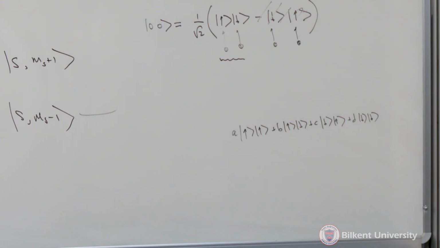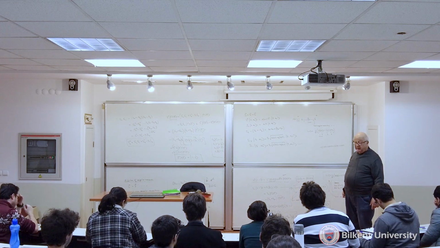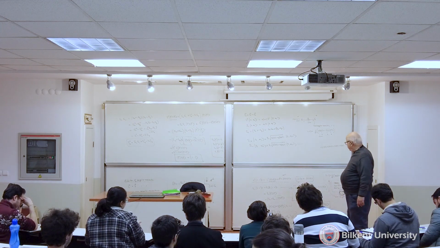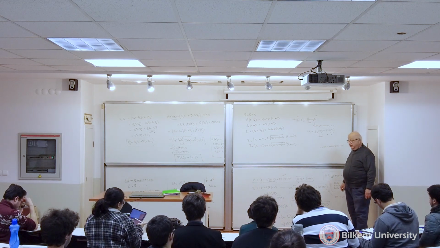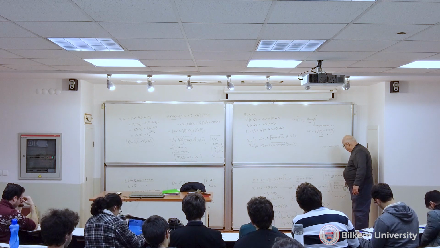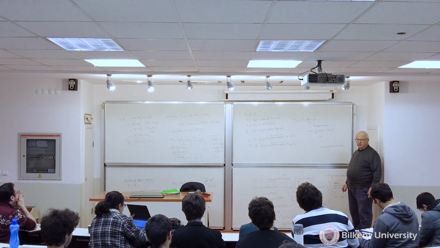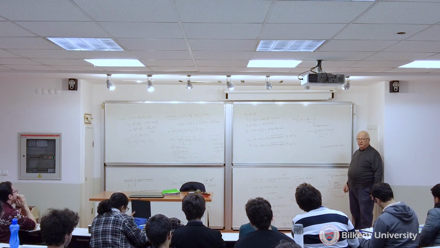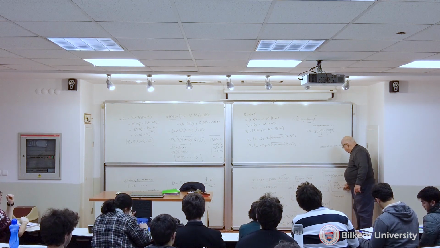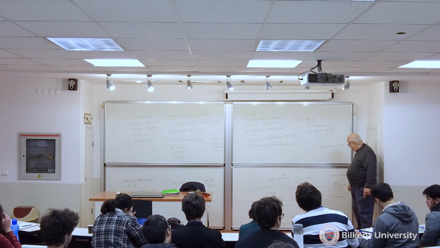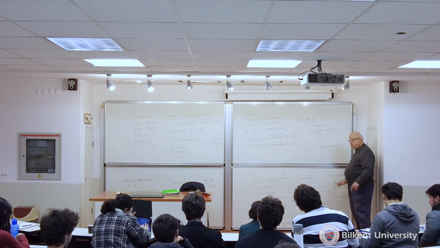How can we find out that it's the 0, 0 state? I can verify it. If I operate on it with s squared and I get 0 times the same thing, an eigenvalue of 0, then that piece is okay. And if I operate on it with sz and I get 0, then I'm okay.